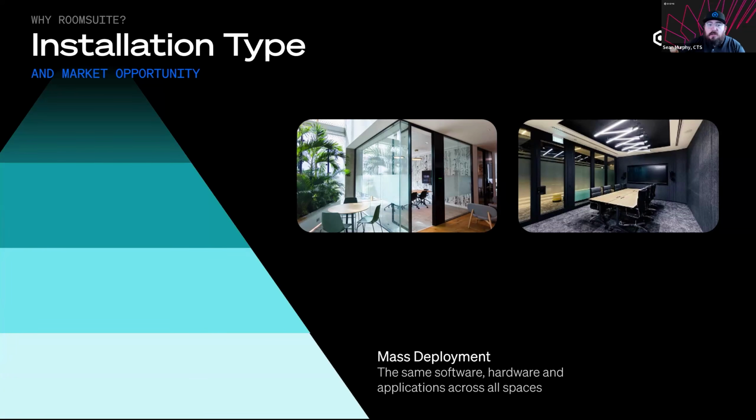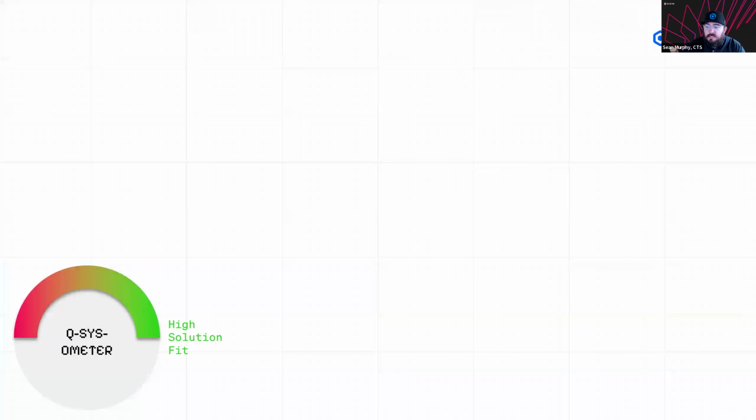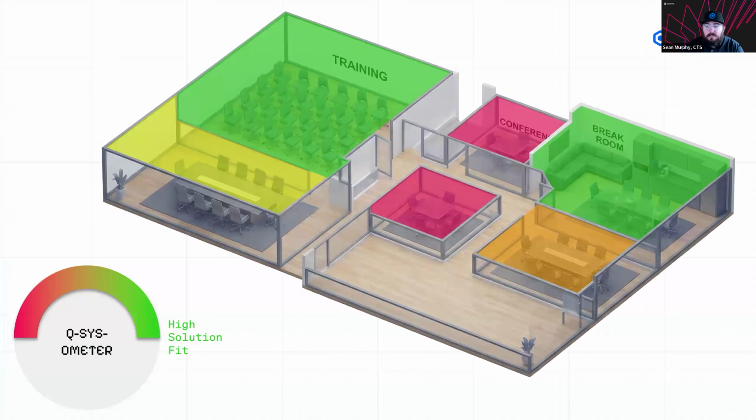So, thinking about all of the different installation types, from the large bespoke to the mass deployment rooms, we need to think about where Q-SYS fits into the pyramid, so to speak. If we look at a floor of a corporate campus, you have the larger rooms like the training room, the break room.